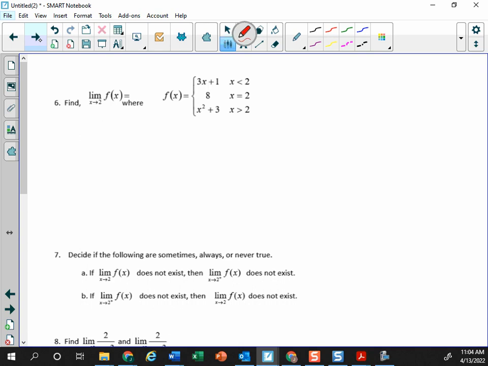So when we're evaluating just the overall limit, we need to look at the right-hand limit and the left-hand limit. Do I necessarily care about what is happening exactly at x equals 2? No. So I can ignore this. It does not matter. But what do I need to be true about these two if the limit's going to exist?